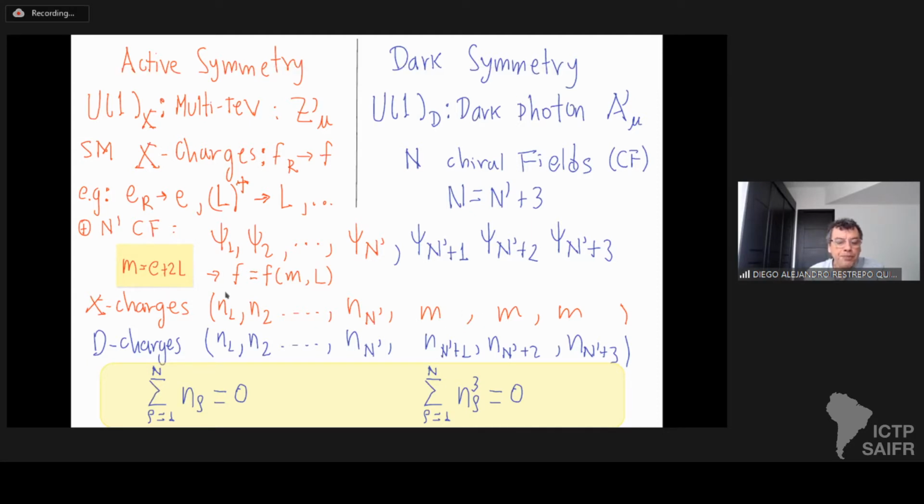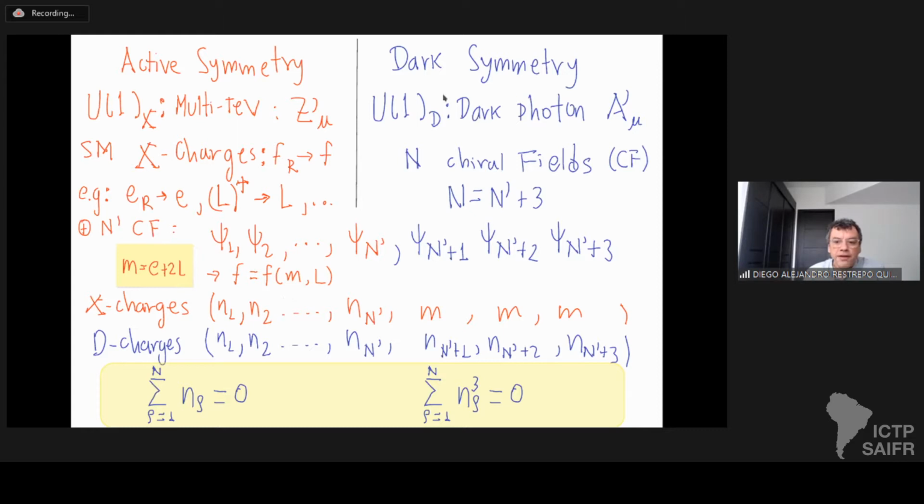So typically, the solution of the active symmetry involves a set of n charges, 3 of which are exactly the same. And this can be used to express the other standard model fields, as I will illustrate below.